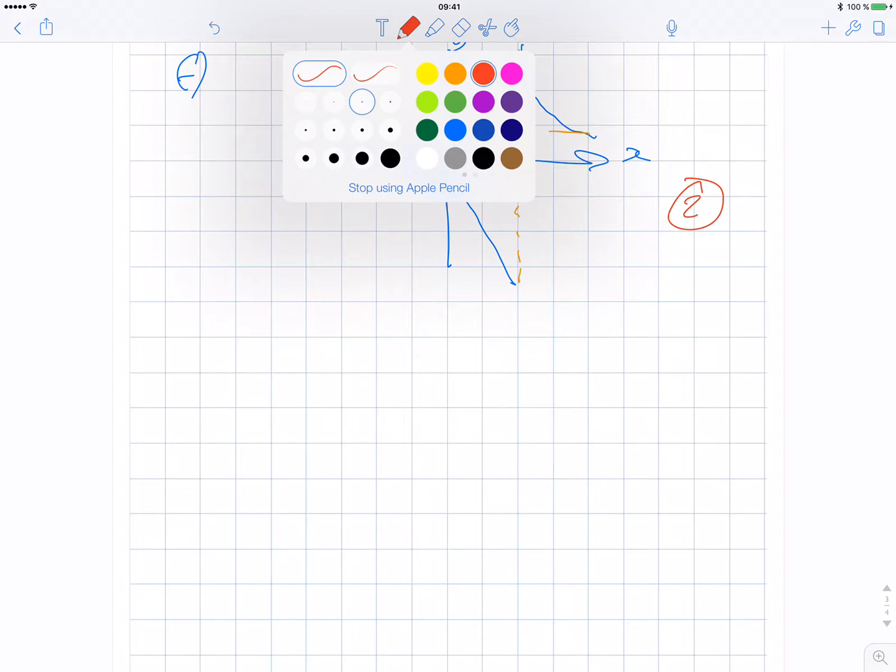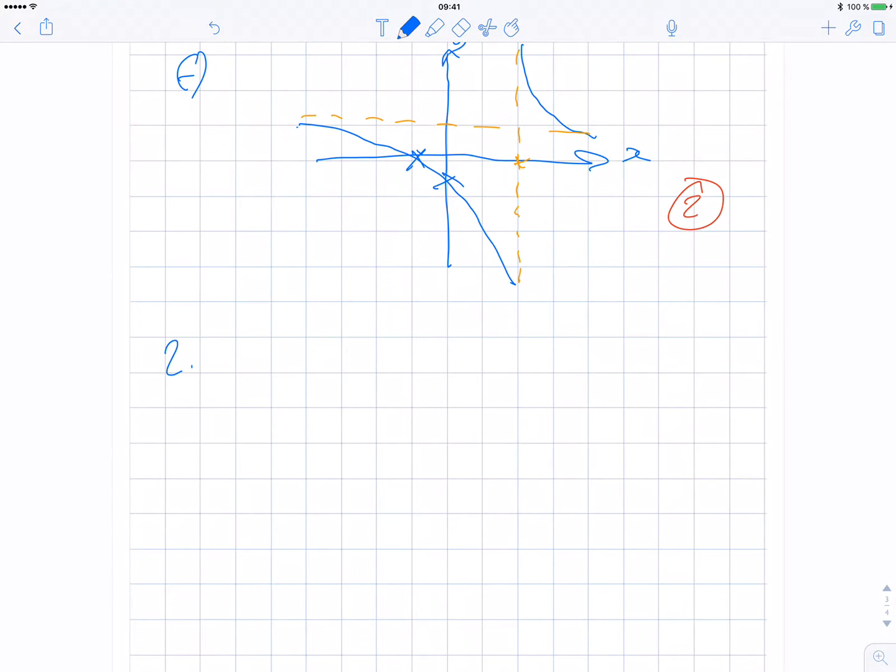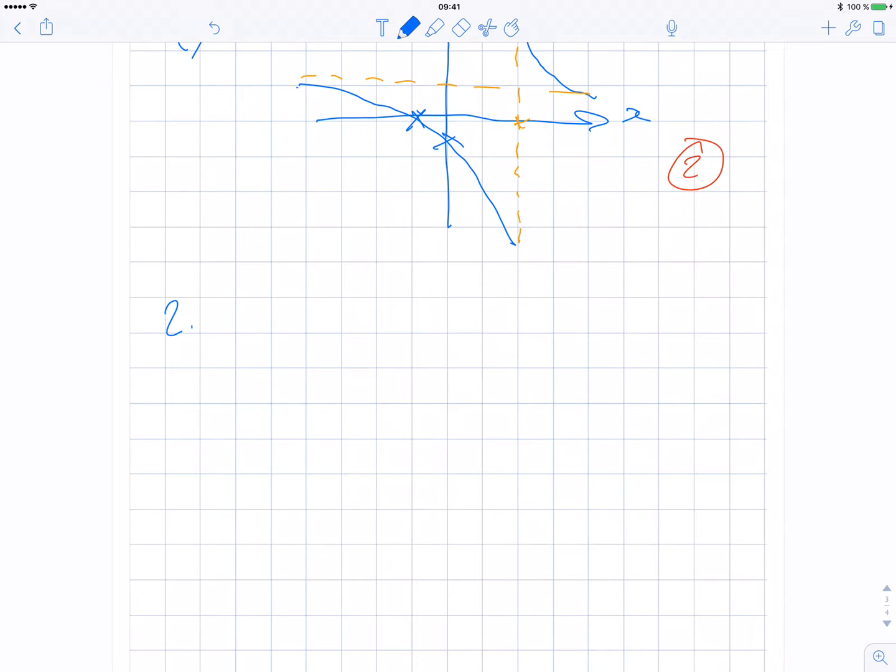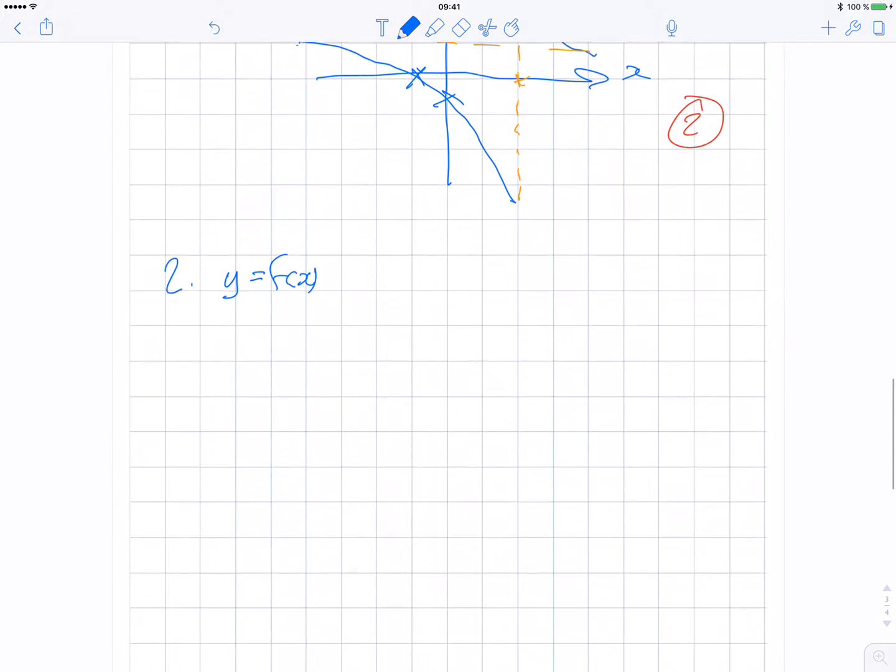So now we're on to question 2. Given y is equal to f of x, describe the following transformations fully.